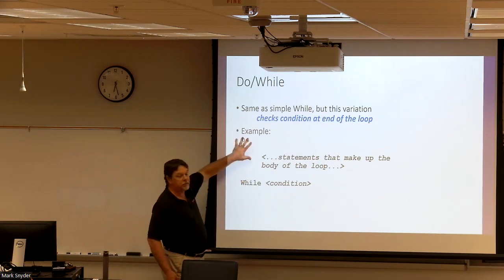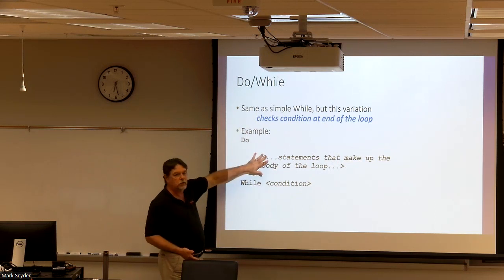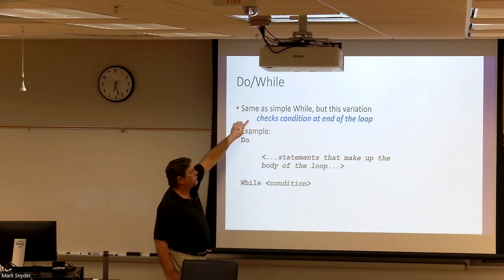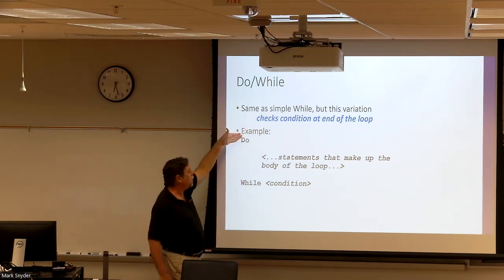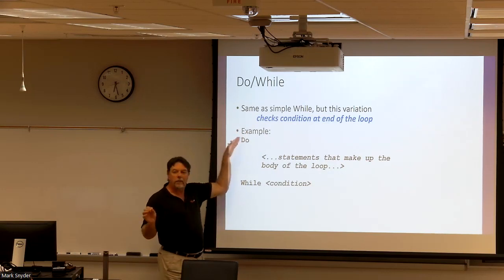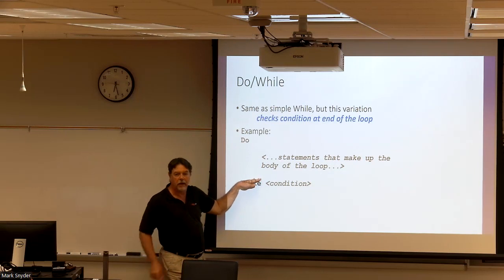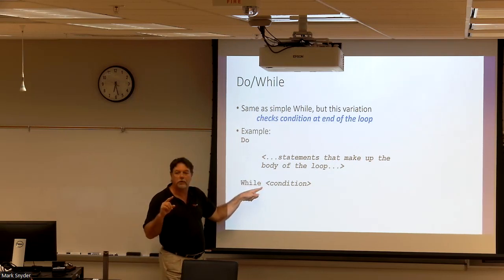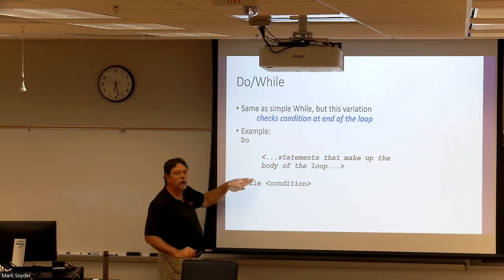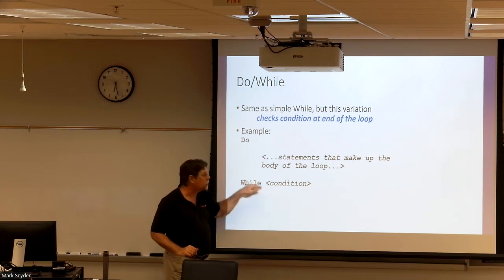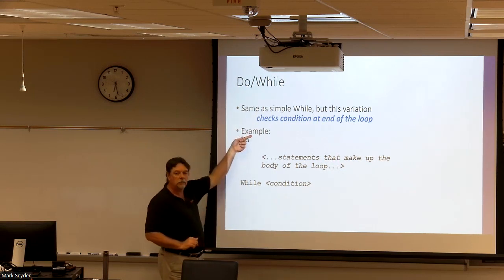The biggest distinction here, it's essentially the same thing, is we check at the end of the loop. One thing to remember on this form is it's always going to execute the statements inside here once, and then check to see whether we're supposed to keep looping. So it does it once, and then says, while this condition is true, do it again, okay?